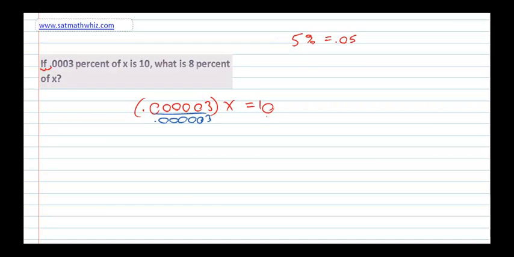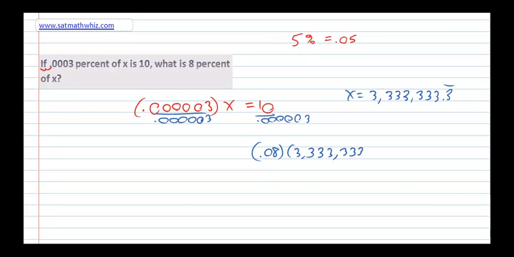Go ahead and divide by that on both sides, and x comes out to 3,333,333.3 repeated. Now, what's 8% of that crazy number? So 8% is 0.08 in decimal form. So 0.08 times 3 million whatever equals 266,666.6 repeated.